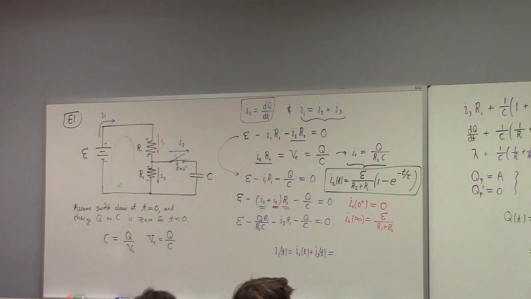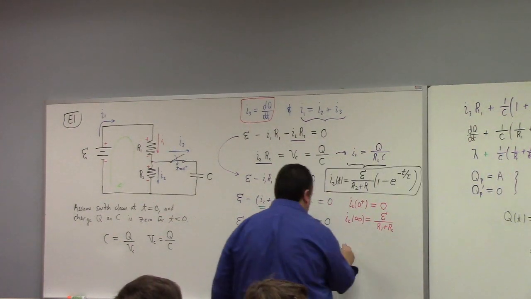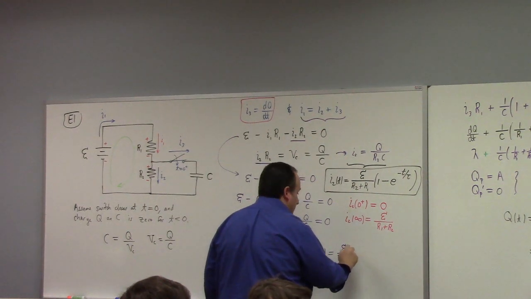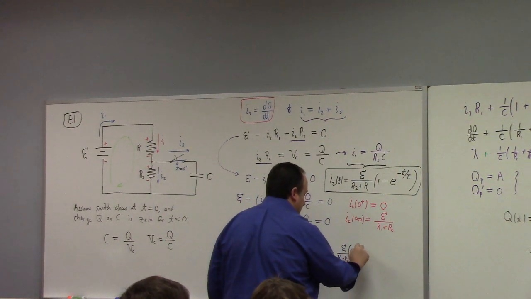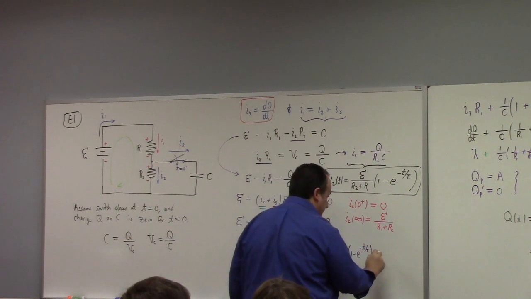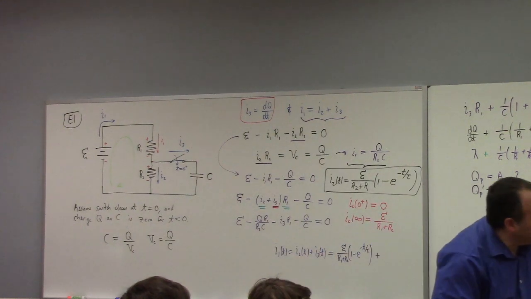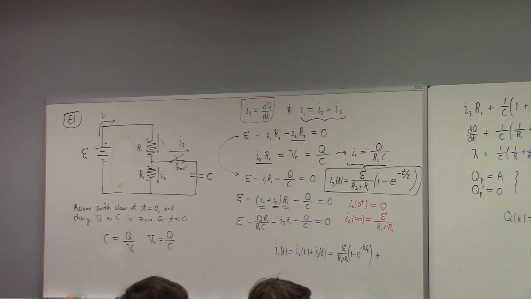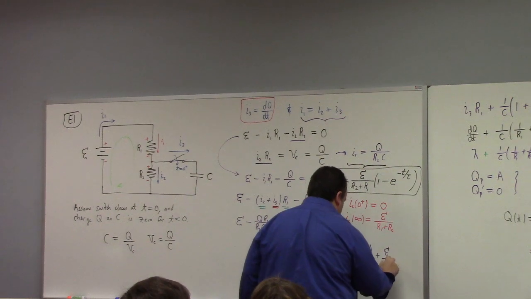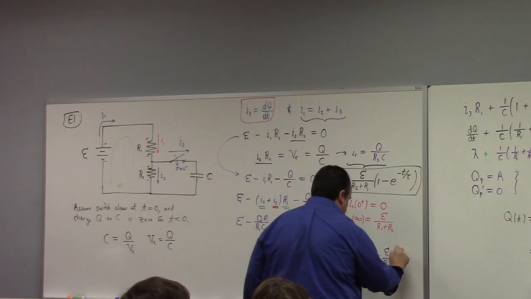Where was my I3? So I've got E over R1 plus R2 times 1 minus e to the minus t over tau. That's my I2 formula. I3 we figured out was E over R1 times e to the minus t over tau.